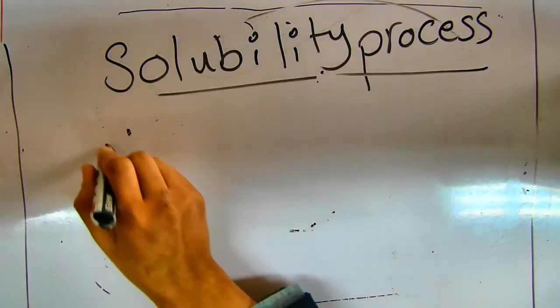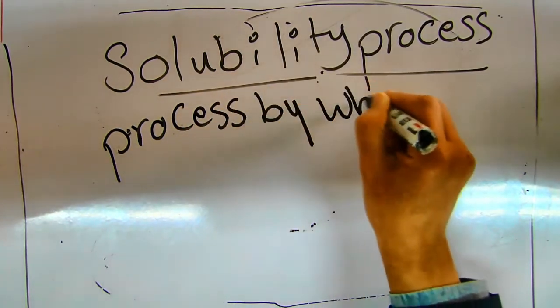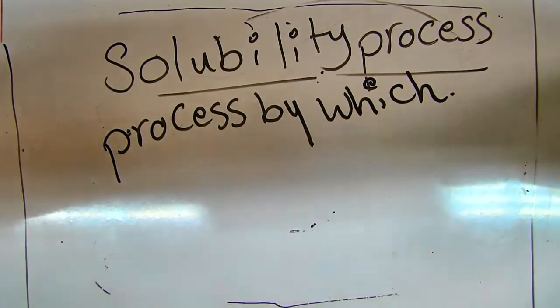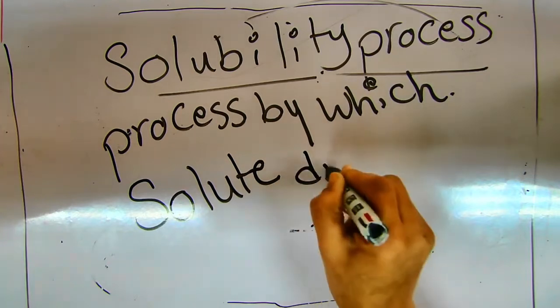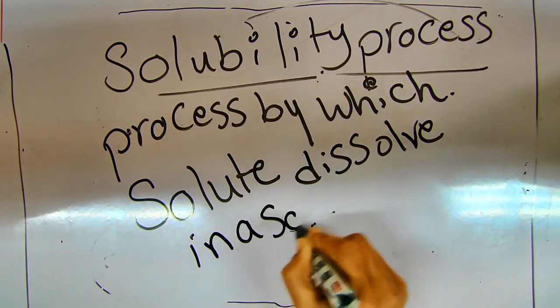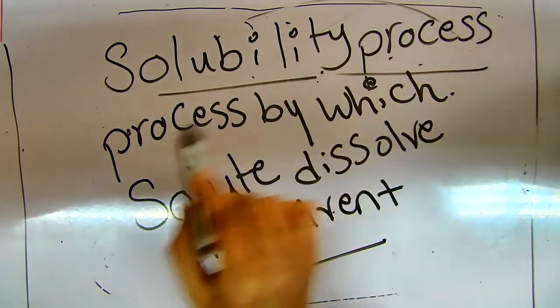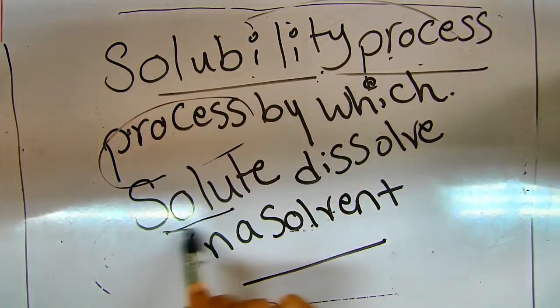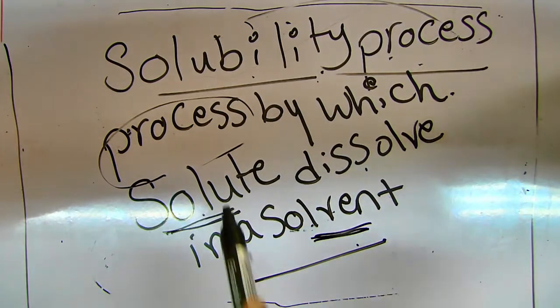It means the process by which a solid dissolves in a solvent, like salt dissolves in water, like sugar dissolves in water. Okay, that's the meaning of the solubility process.